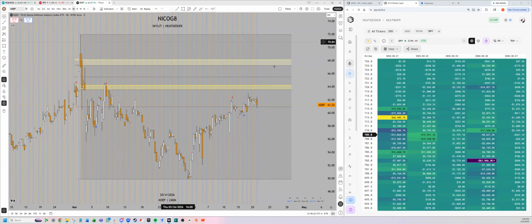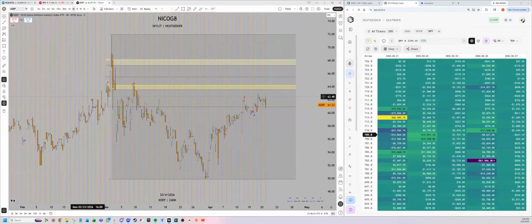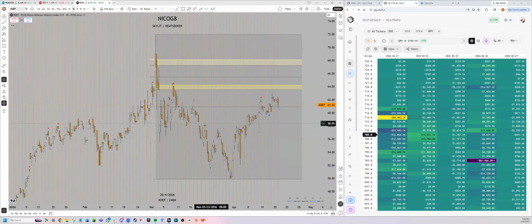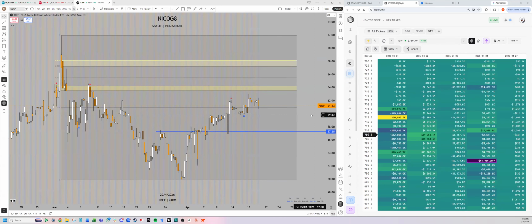Otherwise, wait for a full push and just play the double top up here at 72. Other than that, I don't know if I have too much to say on this. In terms of a floor, I don't know if there's a really good floor. Maybe down here on this wick, maybe you have a support resistance flip here. Other than that, I don't have too much to say on these, but hopefully that helps a little bit.